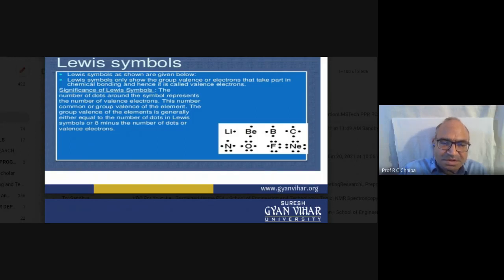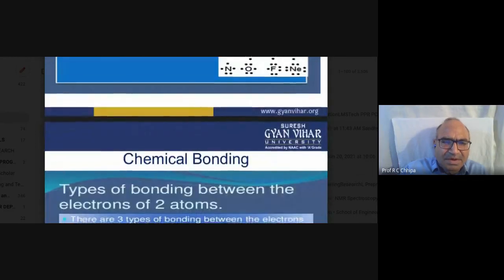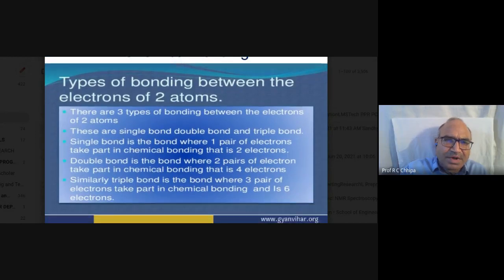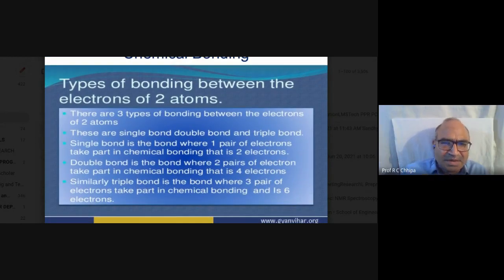Regarding chemical bonding, there are three types: electrovalent bonding, covalent bonding, and coordinate bonding.